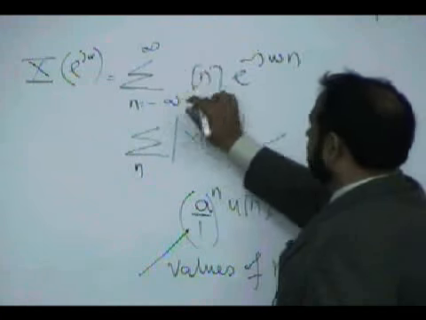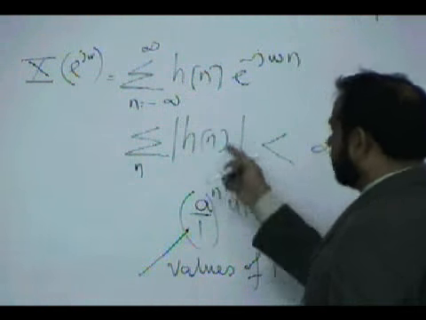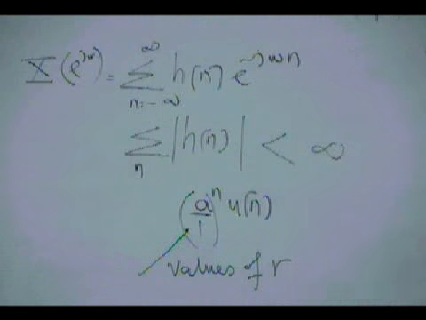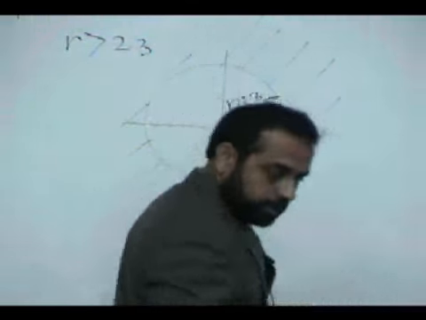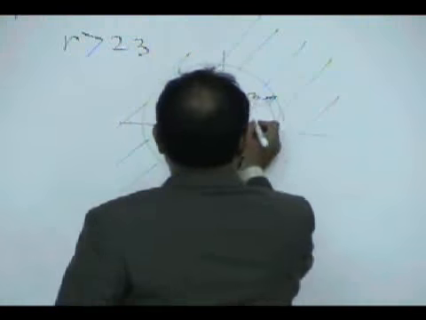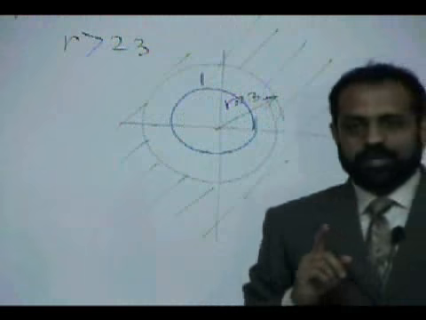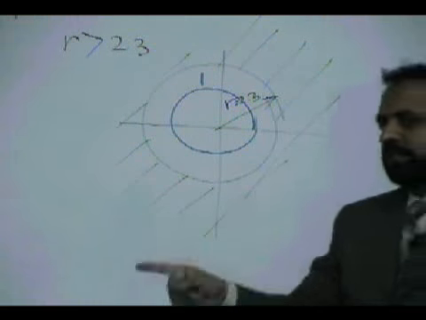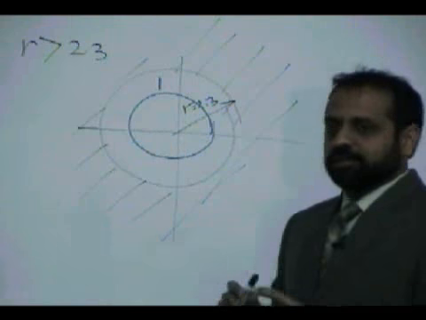Why? Because we know the check for stability is that, if a system's impulse response is h[n], the absolute value of h[n] summed must be less than infinity. It means that if this is the unit circle, r equal to 1, and you can find the Fourier transform, the system is stable, because the Fourier transform only exists for a stable system.